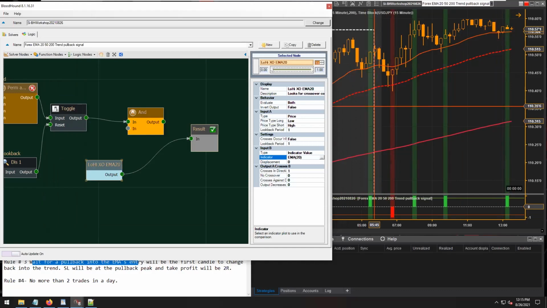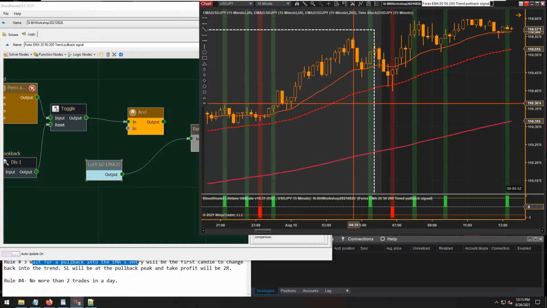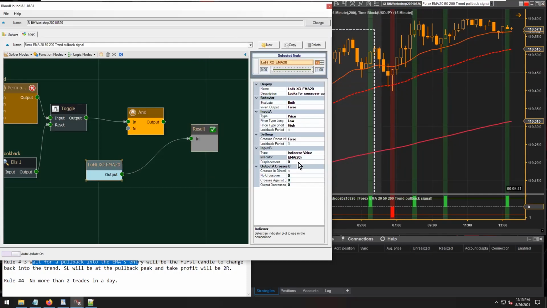Now, price is going to be crossing down, right? So if we're in this uptrend, price will be crossing down. So we don't want short crossovers. And let me see here. Yeah, I'm just looking at everything, and it looks wrong, and it should look wrong because we're looking for the low price to cross down.